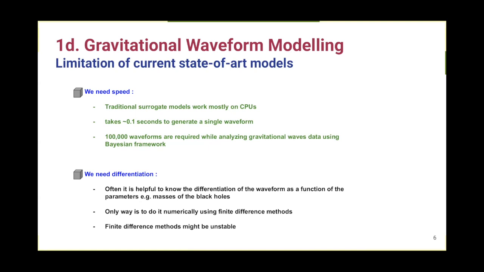And these methods are not always stable, especially if you have really long signals, then your errors keep accumulating, and at some point it might diverge. And even if it doesn't diverge, you get really high error. So we need a framework where we can speed up our waveform generation, but at the same time, also be able to differentiate the waveforms.